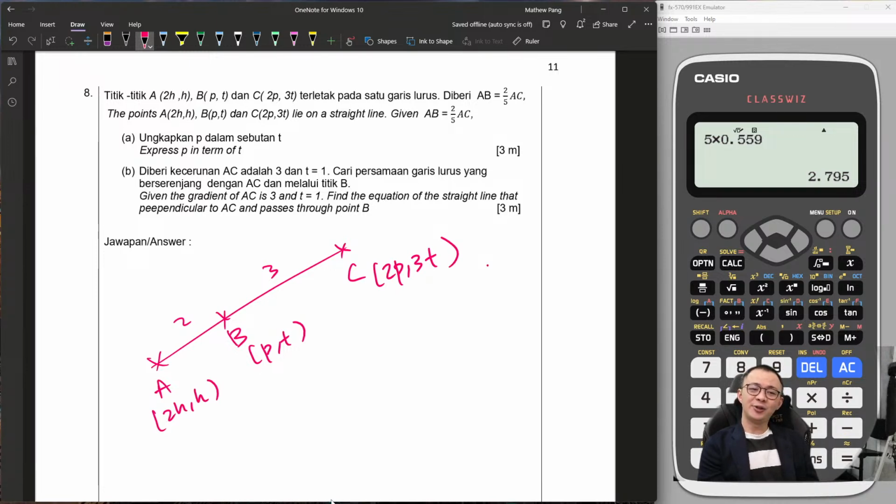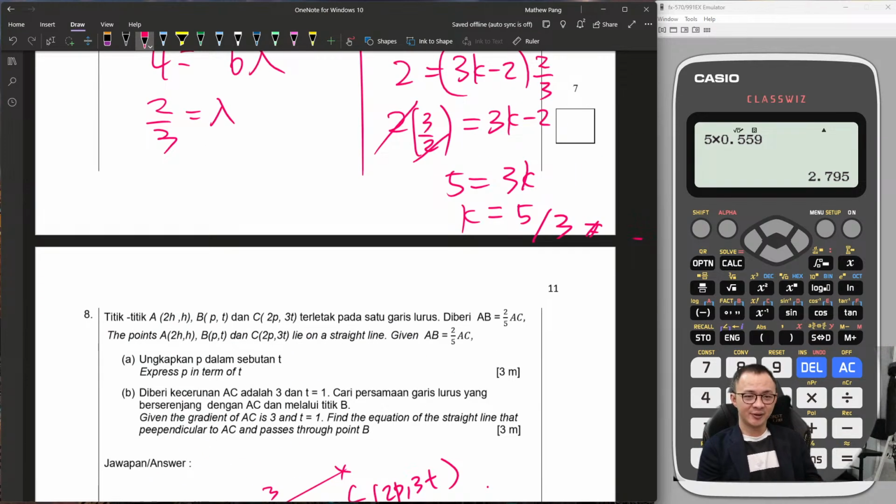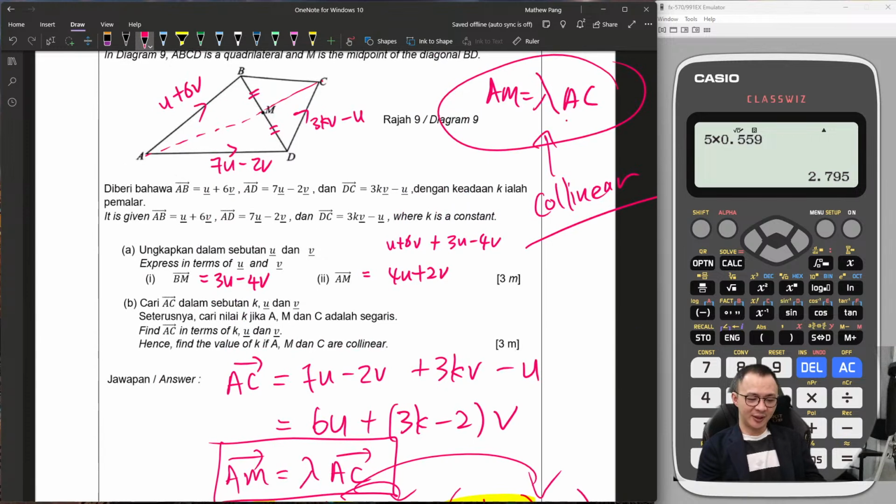Yeah, you can do AM equals lambda MC, no problem, or even AC equals lambda AM, also can. You will just get a different lambda value, but the equation is still the same. Get it?